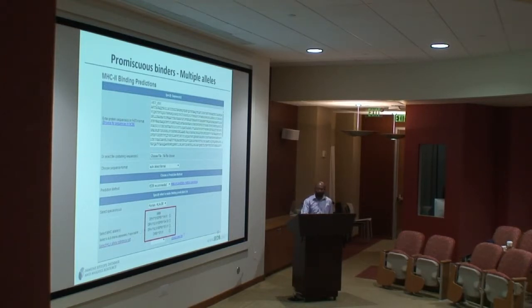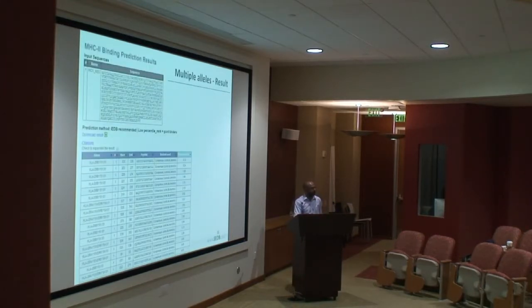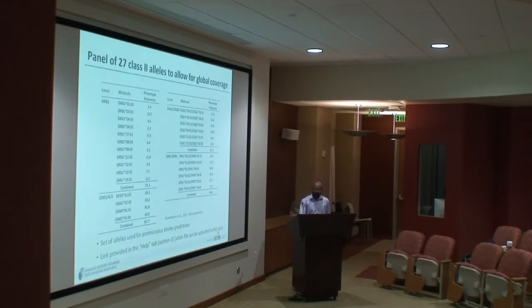Or if you don't have a specific population, you can use the reference set of 27 alleles. You get the results essentially the same as before, but the difference is that you get prediction results for all the included alleles intermingled. This is the reference set of 27 alleles that you already saw before. If you don't have a specific population to study, you can use this set.